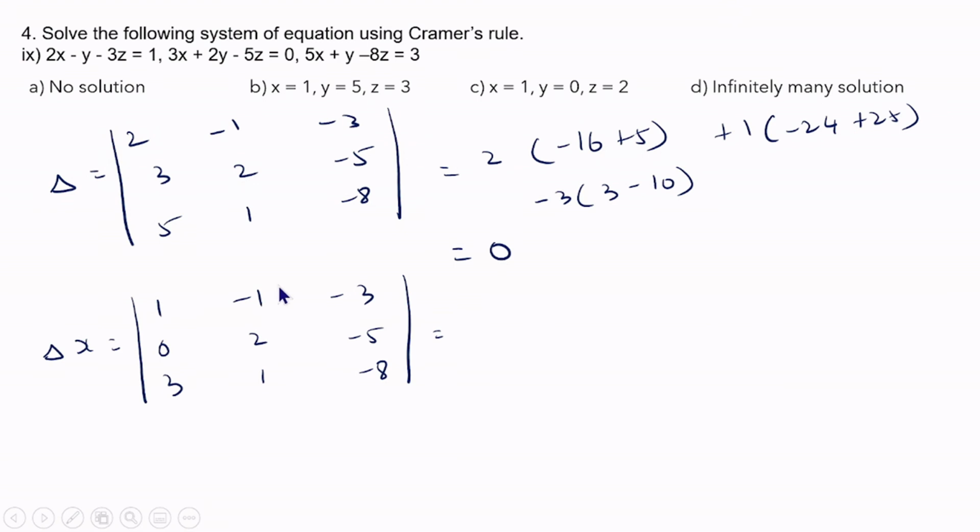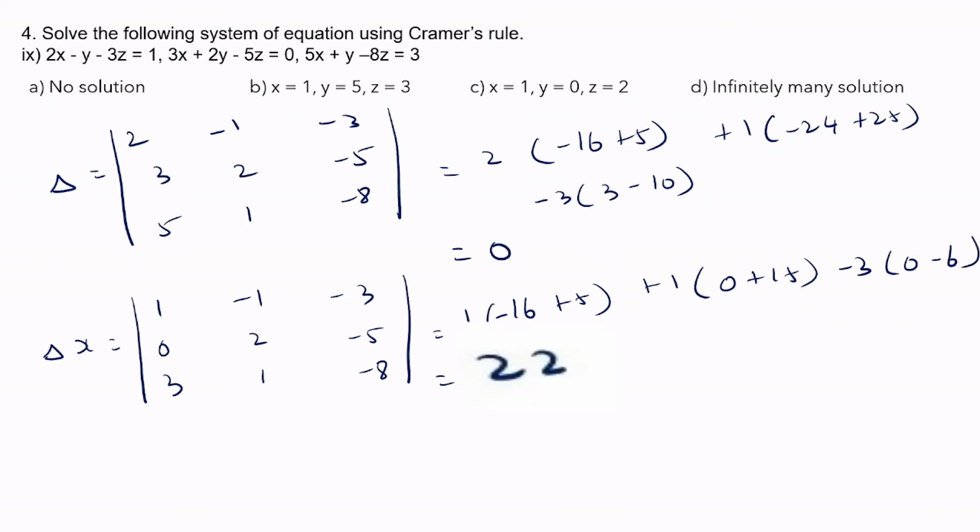Now expanding along the first row itself, it is 1 into minus 16 plus 5, plus 1 into 0 plus 15, minus 3 into 0 minus 6. So when we simplify, we have delta equal to 0 and delta x non-zero. It means this given system of equations is inconsistent and has no solution. So this is the answer.